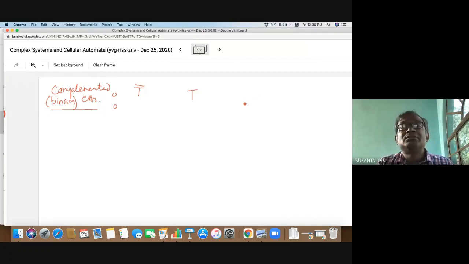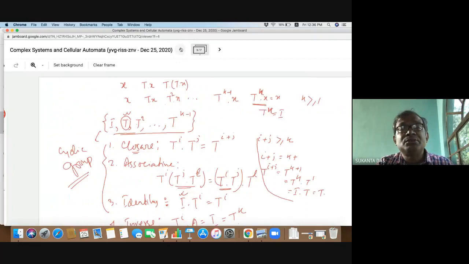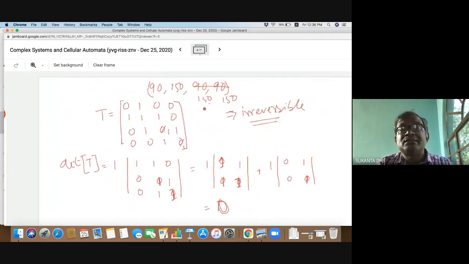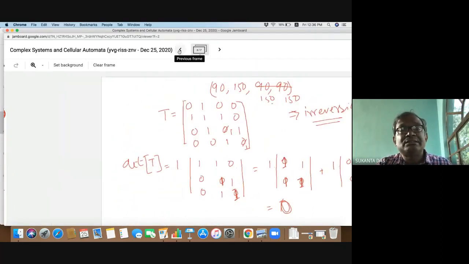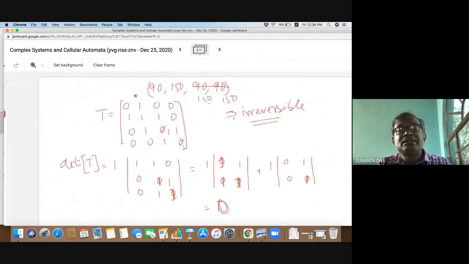Suppose, just for example, this is my CA: 90, 150, 90, 150, 150, 150. This is my linear CA, and this is my T matrix.